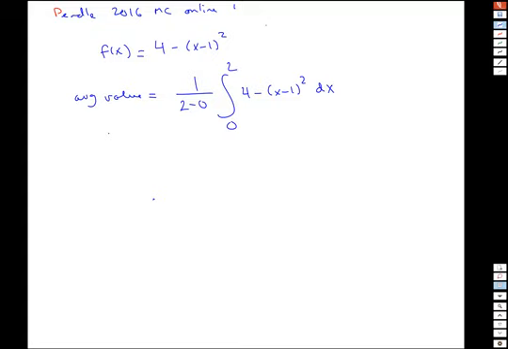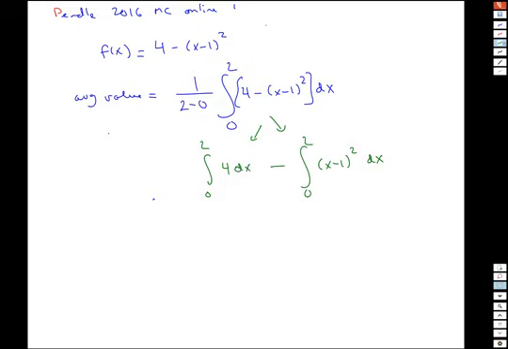So yes, absolutely. I should actually put brackets here to indicate that this is all times dx. But you can absolutely break this into the integral of 4 from 0 to 2 dx minus the integral of the x minus 1 squared from 0 to 2 dx. In fact, I would encourage that because that's how you sort of think about it.